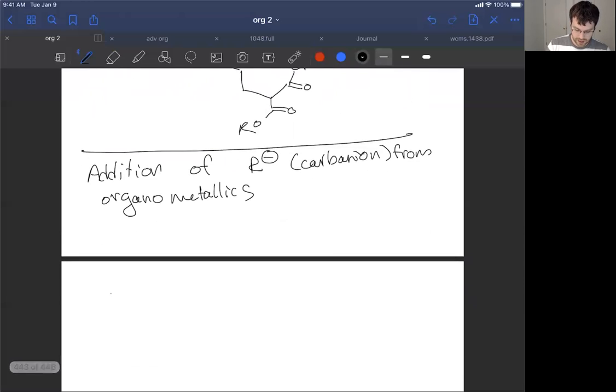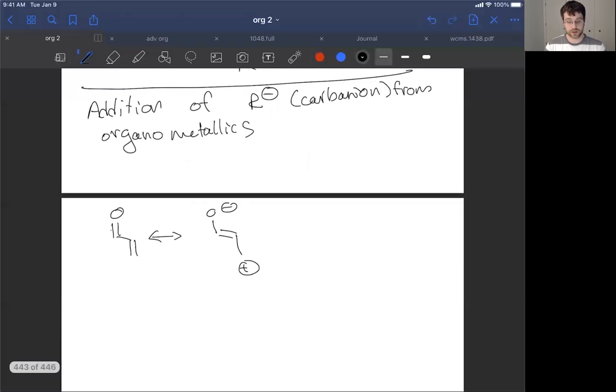Here's the issue. If I take my alpha beta unsaturated carbonyl, consider a resonance structure of it that shows the positive character at the beta position. Both of these structures are good, right? And in fact, there's this structure down here that I've sort of ignored because I've been picking on really good substrates for conjugate addition.